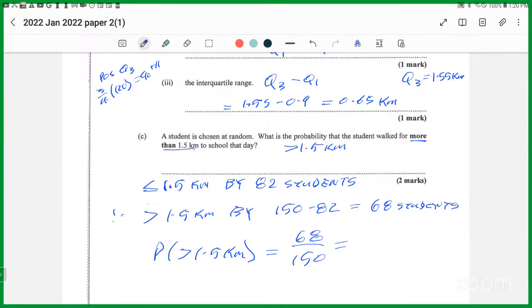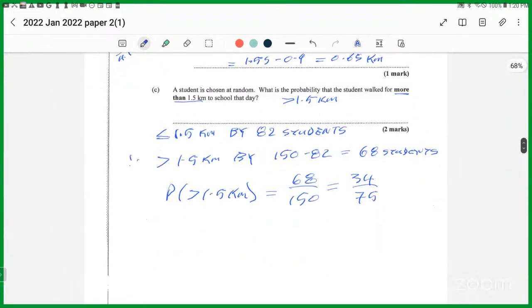That will be 34 over 75. 34 out of 75. That's the probability. That's the answer.